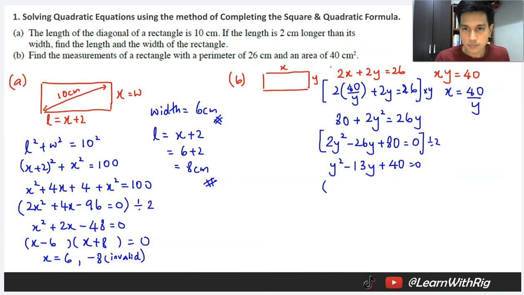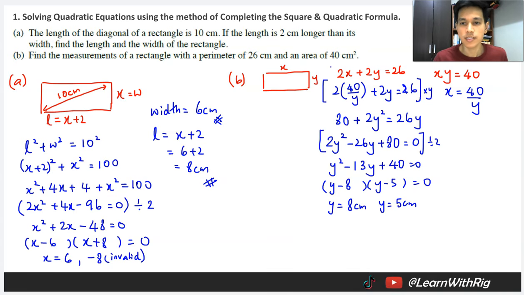So now you can factorize. So you should get y minus 8 and y minus 5. So what's your y value? y can be either 8 cm or y can be equal to 5 cm. So either way, okay. So let's say if y equals to 8 cm, what is your x value? 40 over 8, correct?